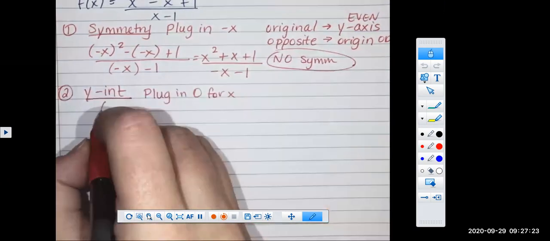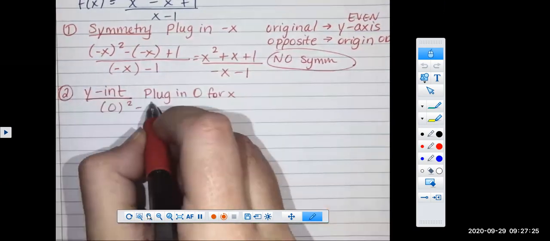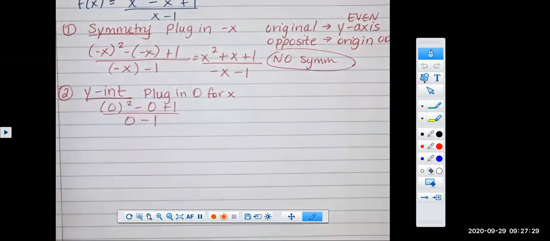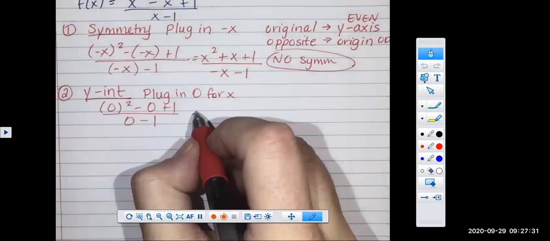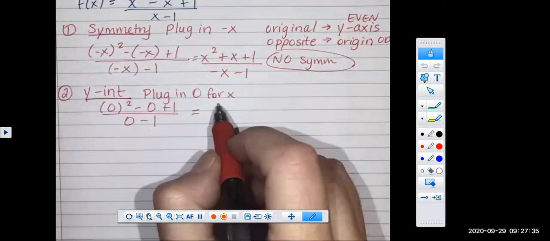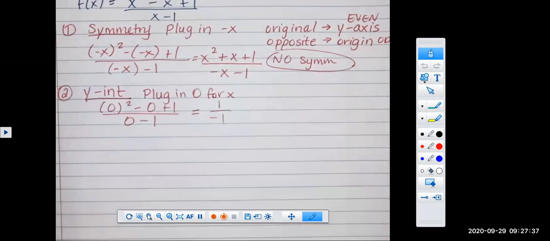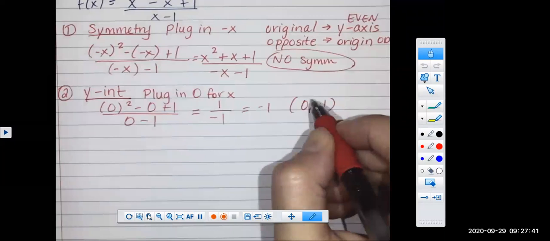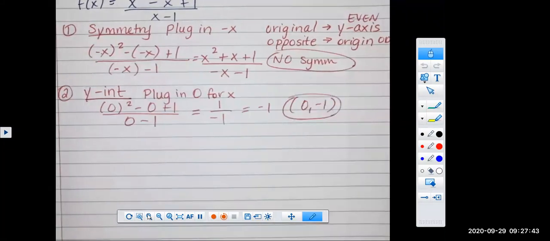So 0 squared minus 0 plus 1, and then 0 minus 1 on the bottom. Tell me what you're left with. What are you left with on the top? You're left with 1 over -1, which is -1. So (0, -1) is your y-intercept.